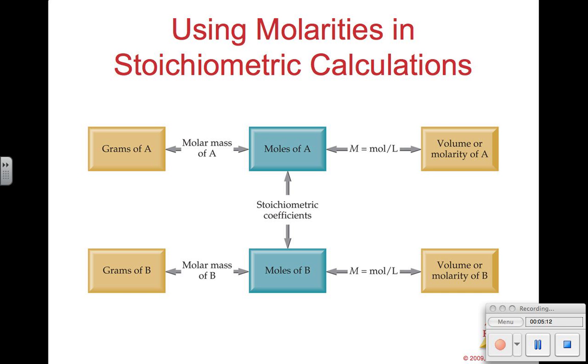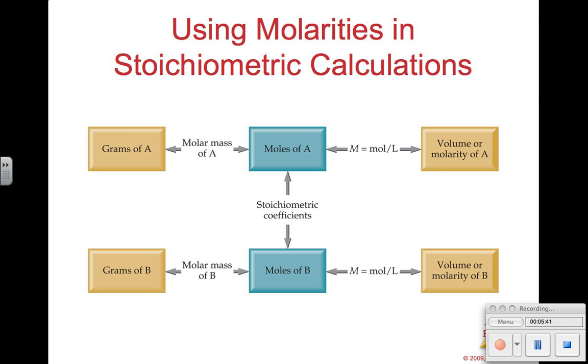All right, when we use molarities, they're just another proportion, another ratio. When you think about it, it's moles per liter. So if you start out with 50 liters of solution, you set up your molarity so that moles is on the top and liters on the bottom, so we cancel our units and move towards moles and whatever other thing we want to use it for.